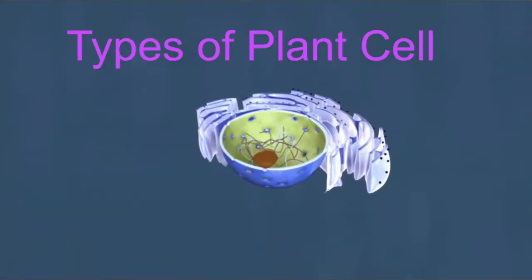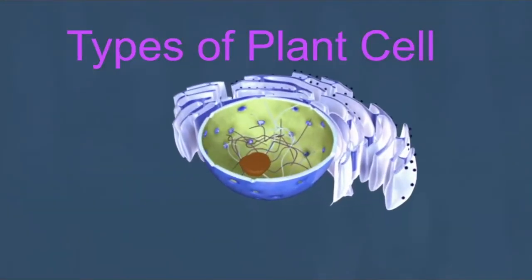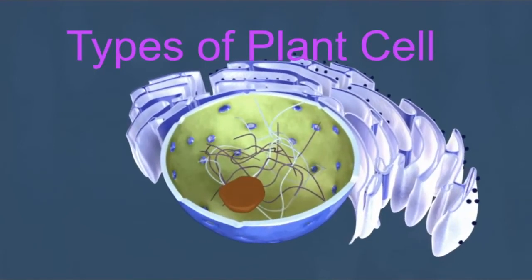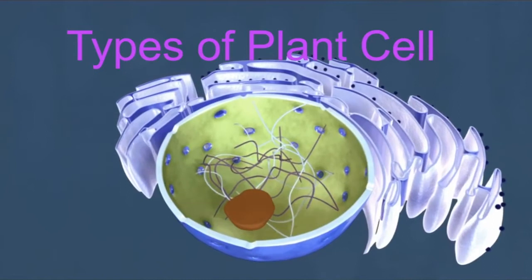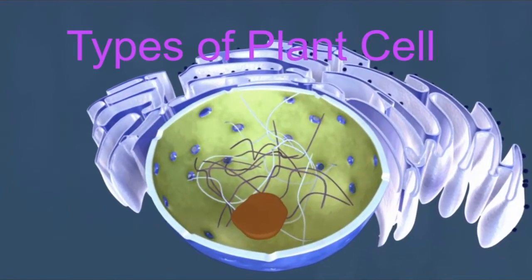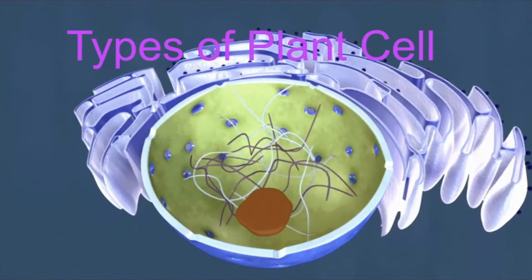Again, these are the types of plant cells. We have 7 types of plant cells. Can you enumerate them? You can write your answers in the comment box, or you can direct message me.